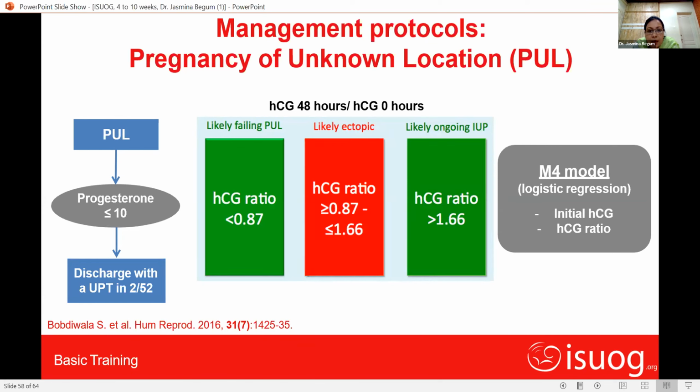See if it has reached 3,500, and simultaneously scan the patient every 48 hours. See where the GSAC is appearing. If the GSAC is inside the uterine cavity, manage it like an intrauterine pregnancy. If the GSAC is outside the uterine cavity, it is ectopic, then manage according to the criteria I mentioned in my previous slide.